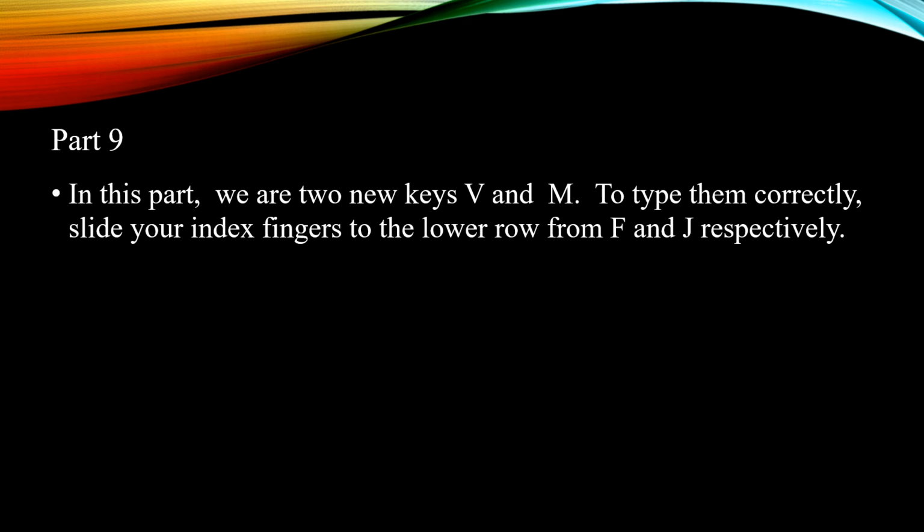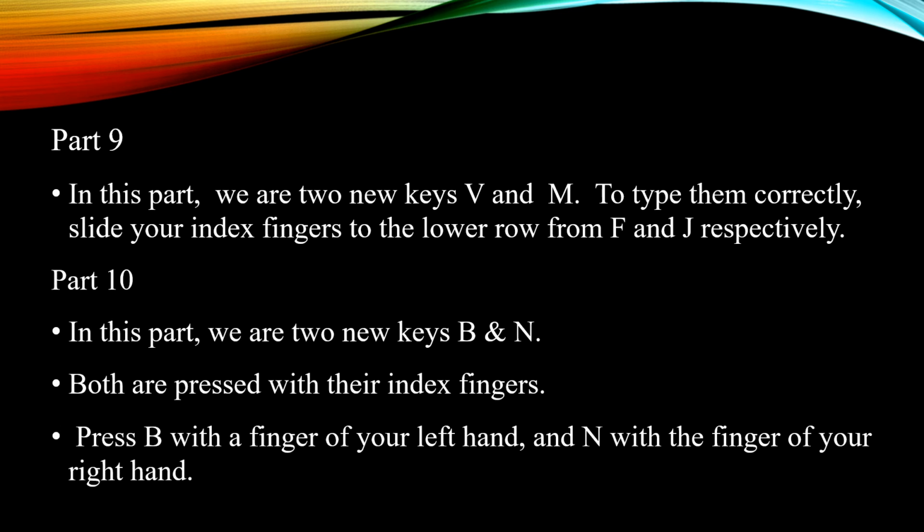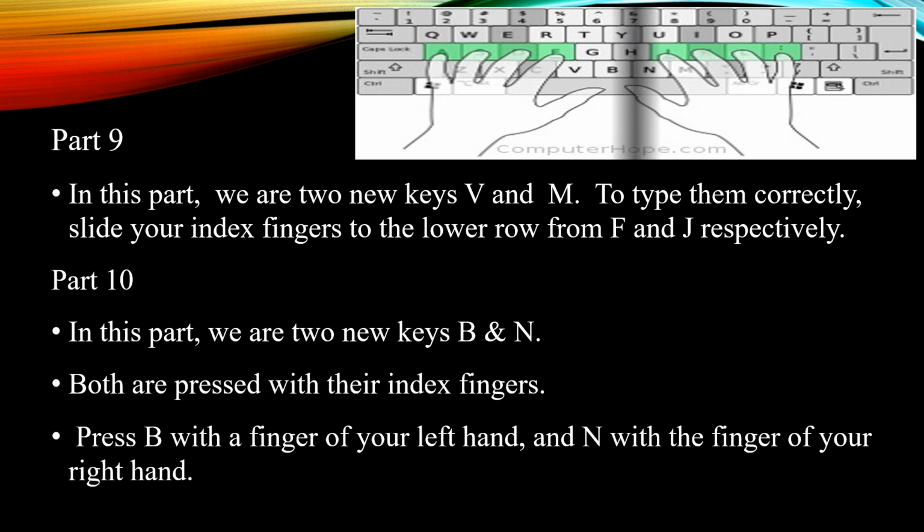Now let us talk about the next keys, which are V and M. To type them correctly, slide your index fingers to the lower row from F and J respectively. As you can see, children, V is over here and M is over here.